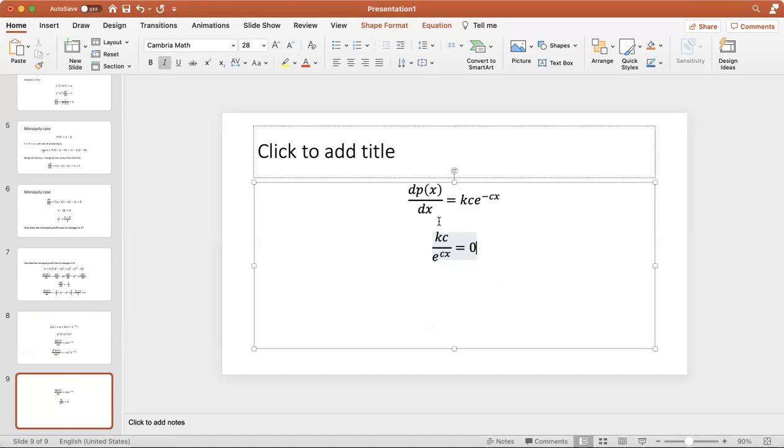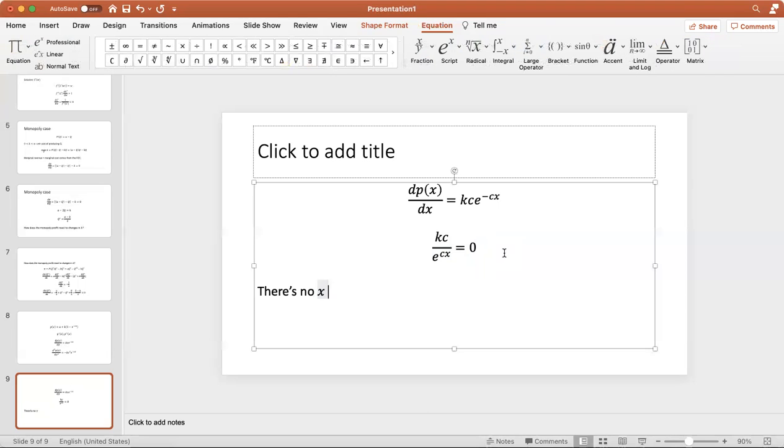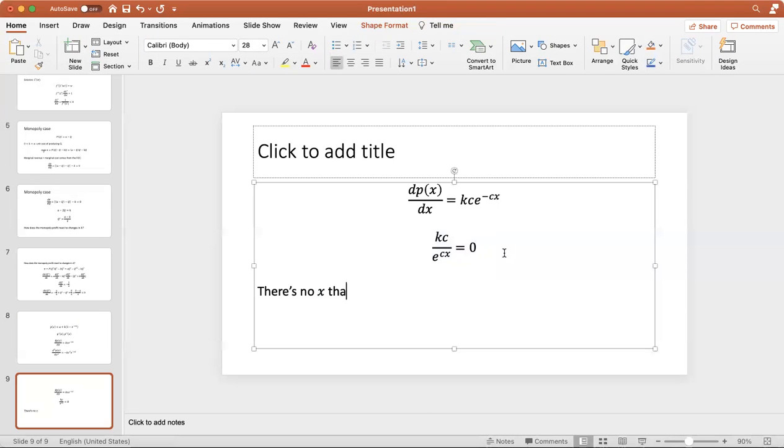K and C are positive constants, and E raised to anything is always positive. Even if you set x to 0, you'll just get another positive number, which is equal to 1. So there's no x that can satisfy this FOC.